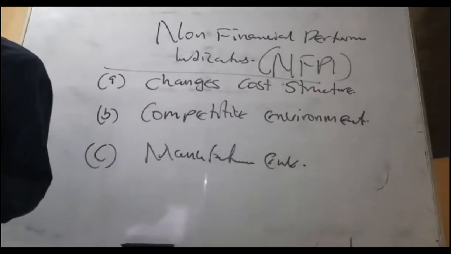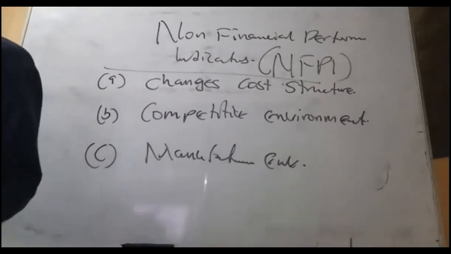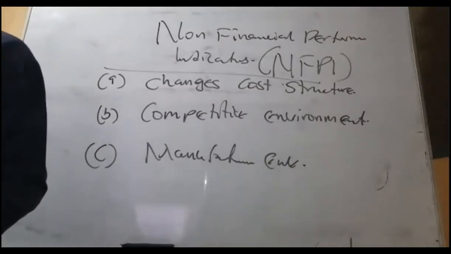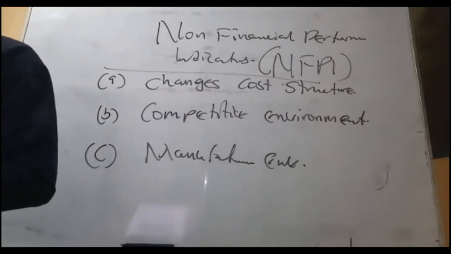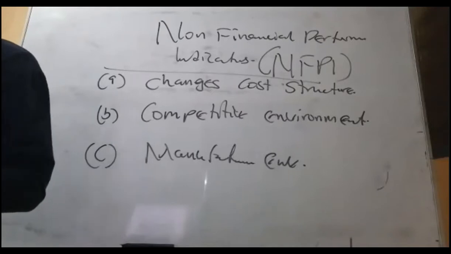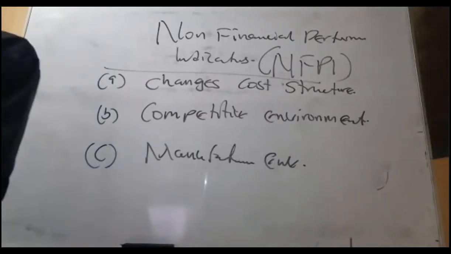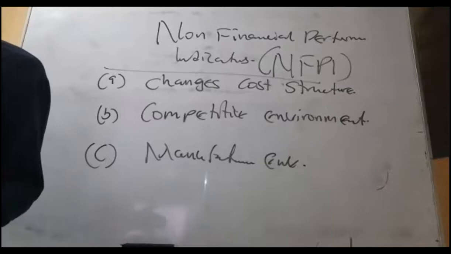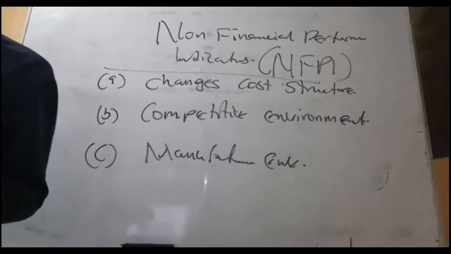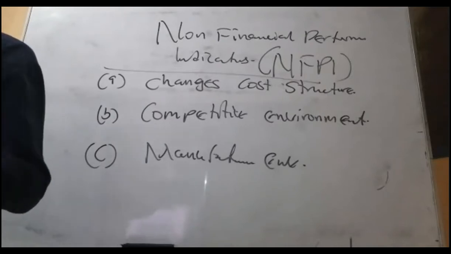So defects we can arrange by time. So how many minutes do we detect the defects, the quality of the products, the absenteeism? All of these are the non-financial section.